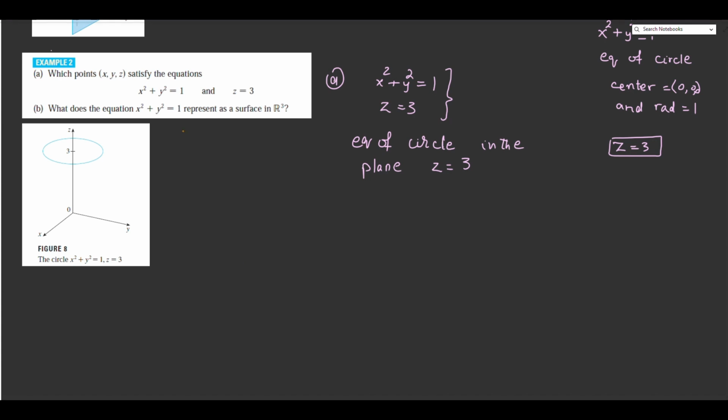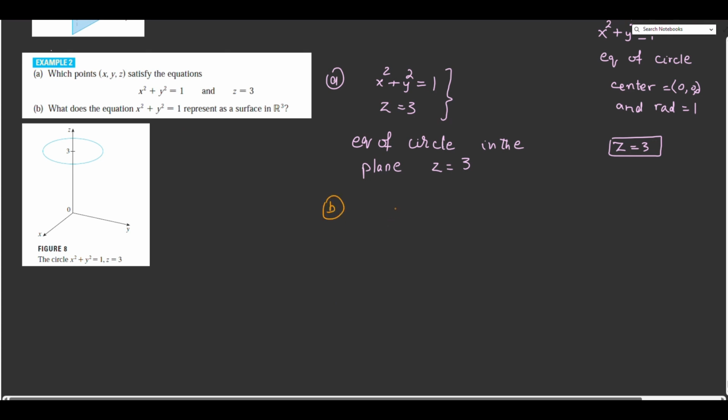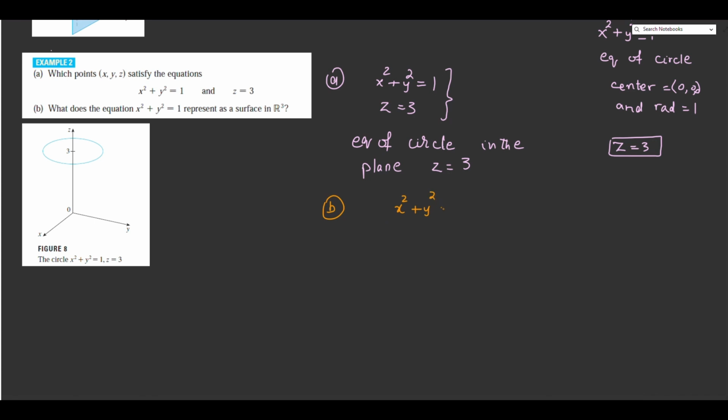Now if I remove this condition, in the second part of the problem he is asking us what the equation x square plus y square equals 1 represents as a surface in R cube. So imagine this thing.